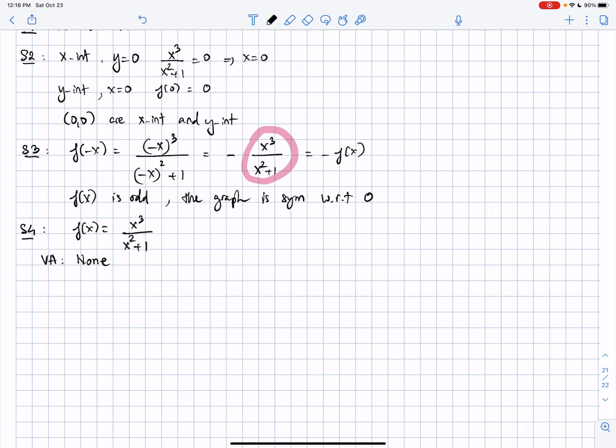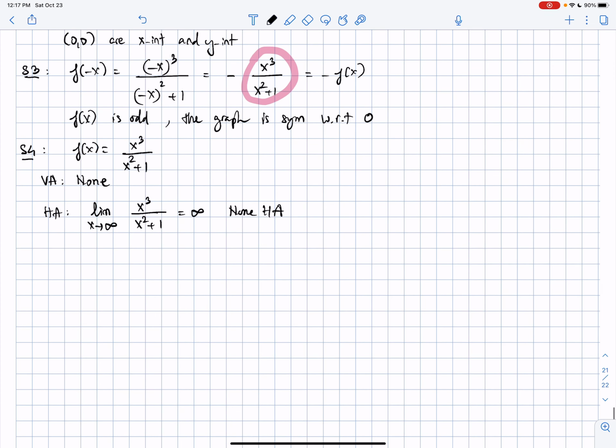For the horizontal asymptote, we take the limit as x approaches infinity of x cubed over x squared plus 1, which is equal to infinity. So no horizontal asymptote.